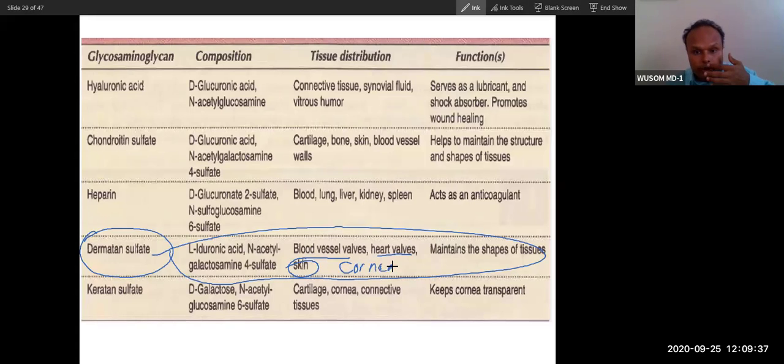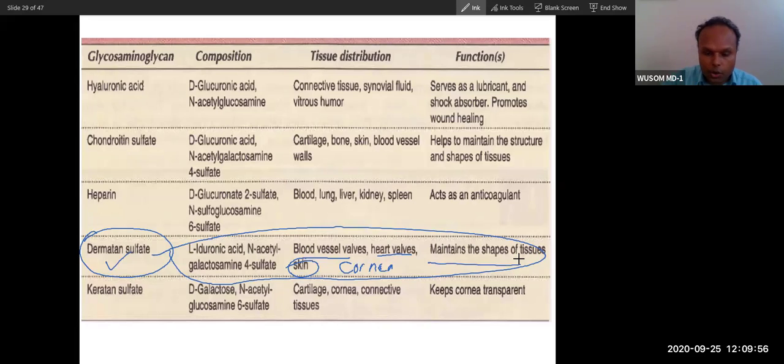It is not written here, but it is present in the cornea. So in these places, dermatan sulfate is present.